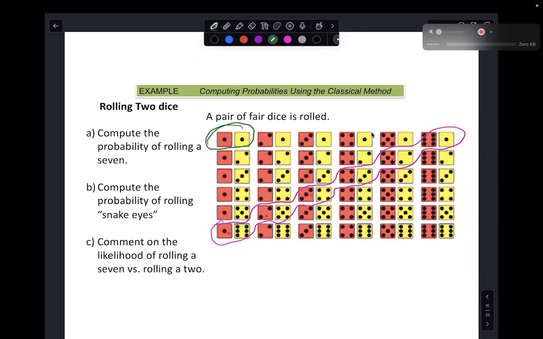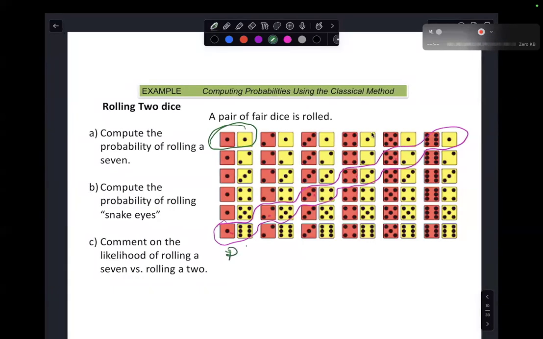Yep, you got it. Good. Okay, now we want the probability of rolling a 2.